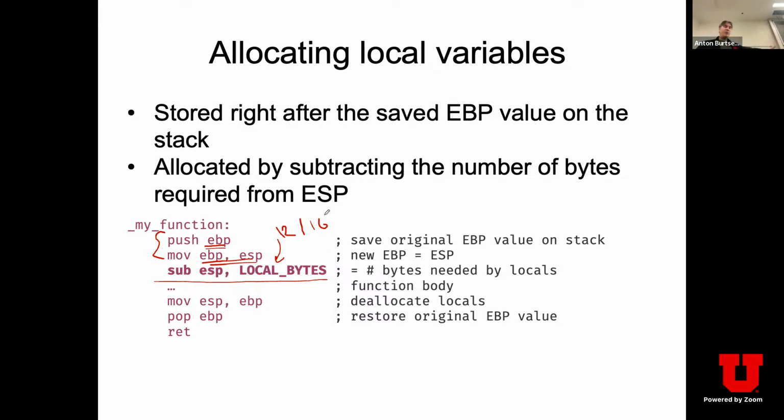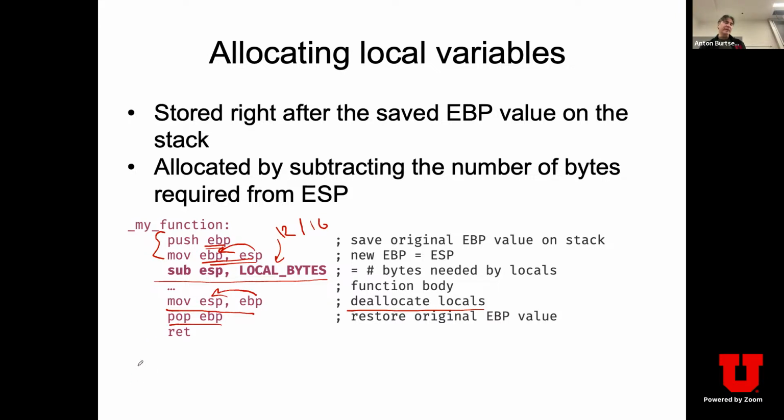Okay, got it. And obviously, if we allocated something when we enter the function, we need to make sure that we deallocate the space, right? Since we saved the value of the ESP in the EBP here, we simply restore it from the EBP back into the ESP. So we don't have to do much.